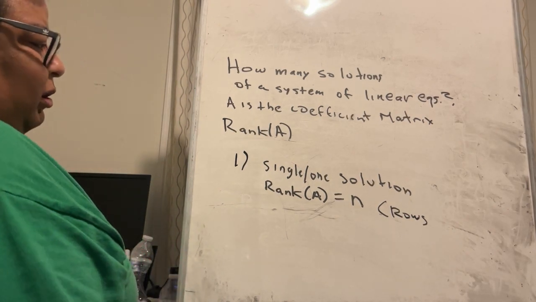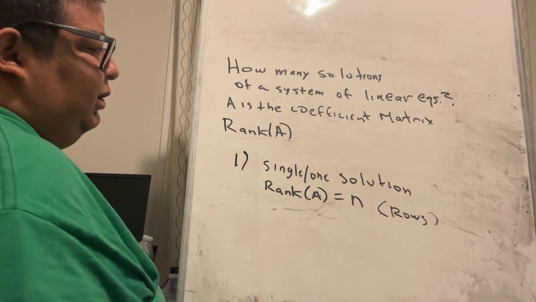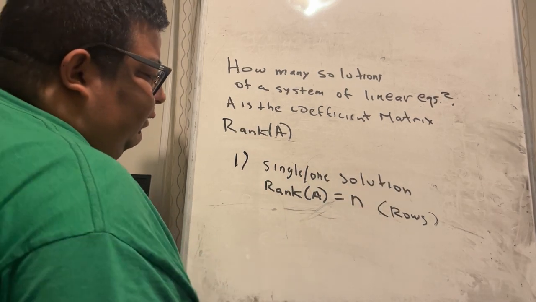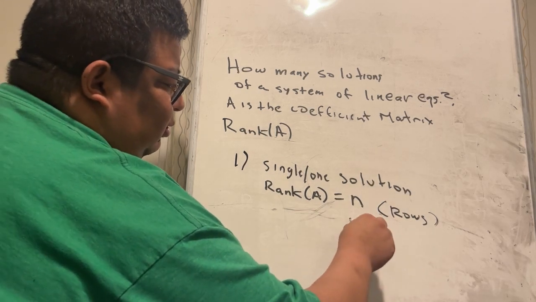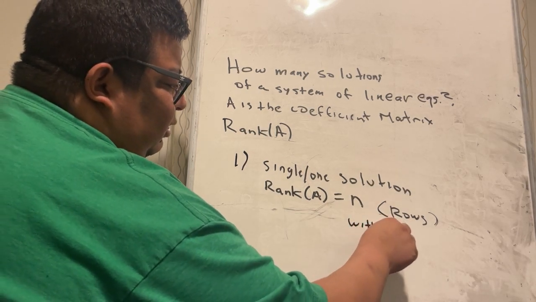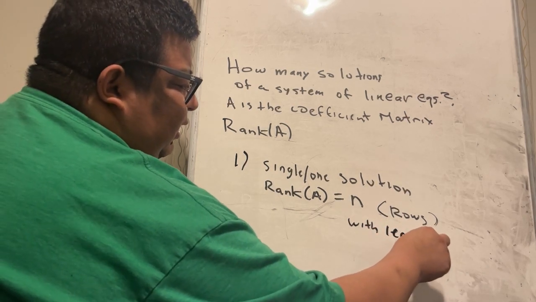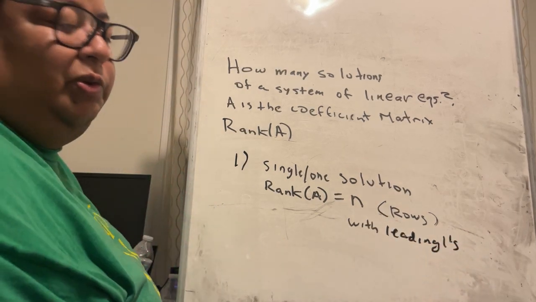Moreover, because the matrix is in row reduced echelon form, that means that we have n rows with leading ones.